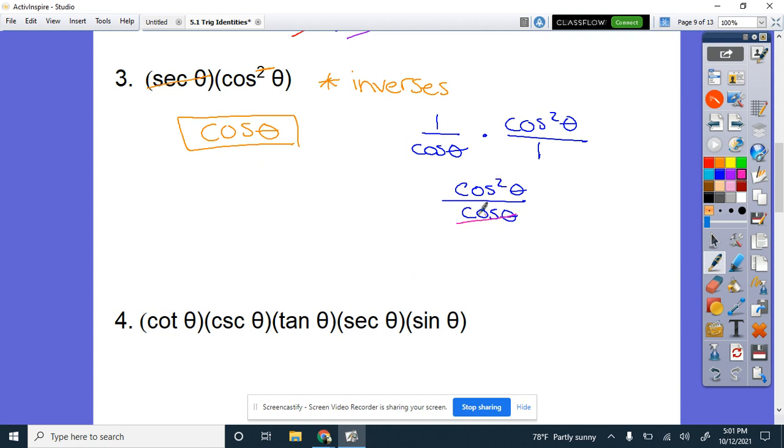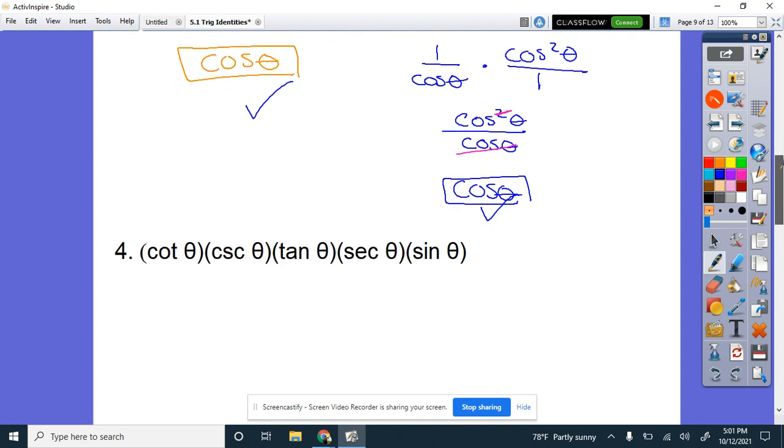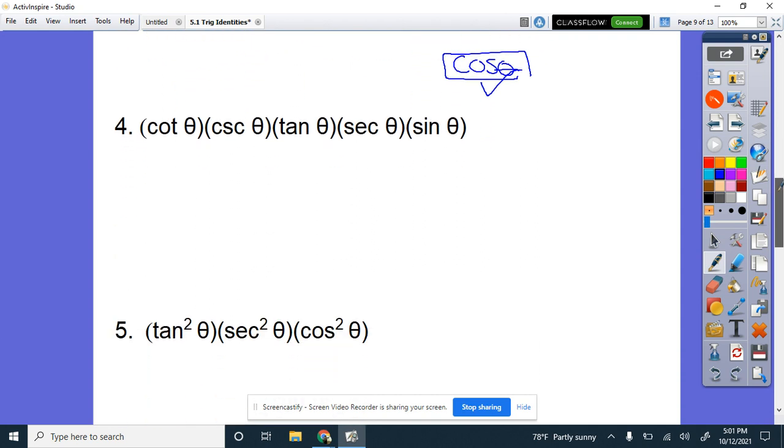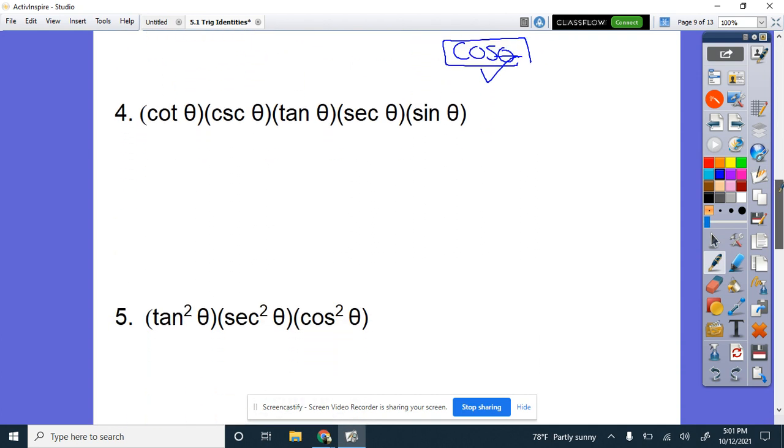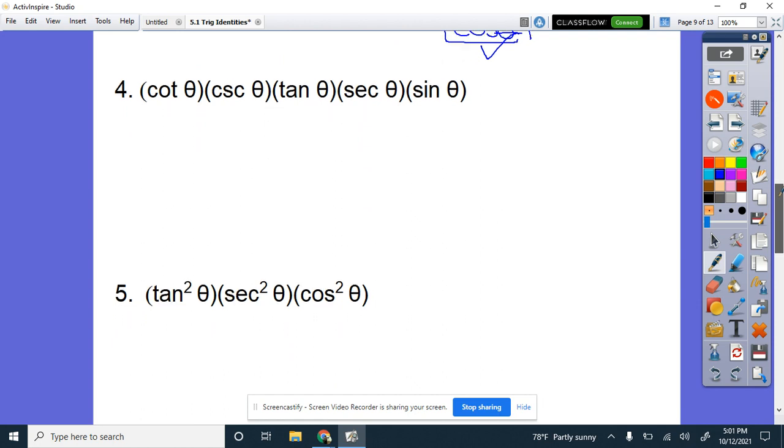So 1 crosses out the bottom, 1 crosses out the top, so that I am left with cosine. Different methods, but do we get the same answer each time? Yes. I want you to make the choice for yourself what way you think is better. Some folks like the shortcuts, some folks really like to work it out. I'm one of those work-it-out people because I like things to be organized.